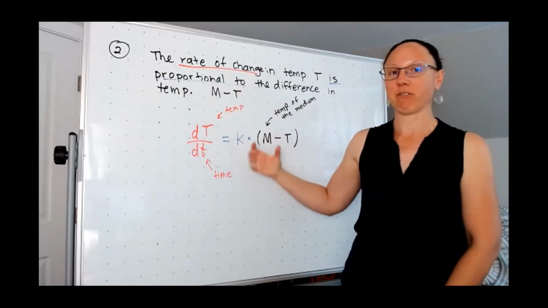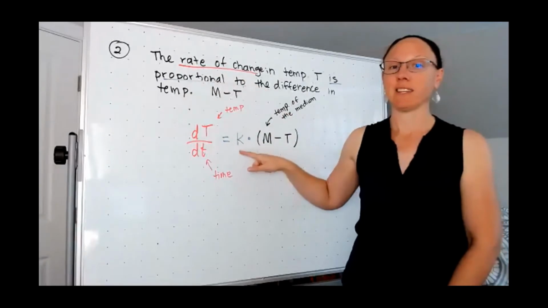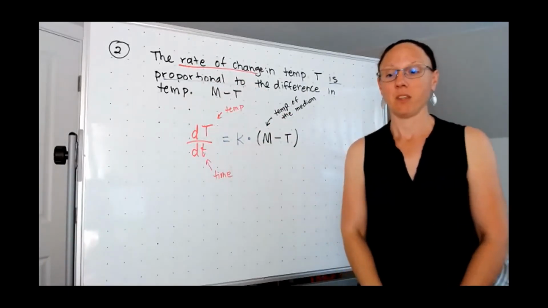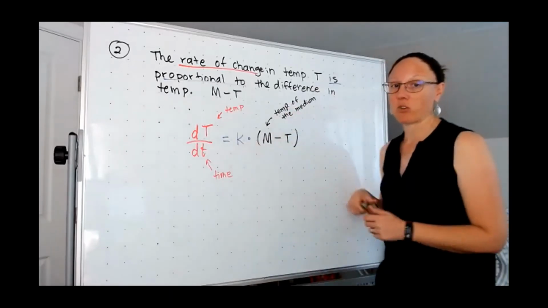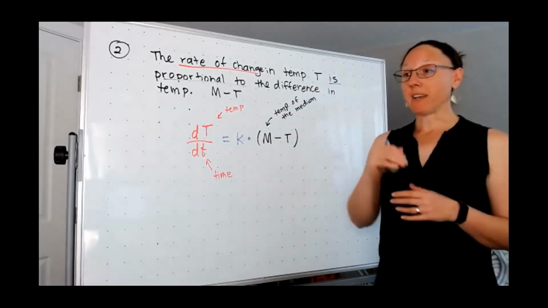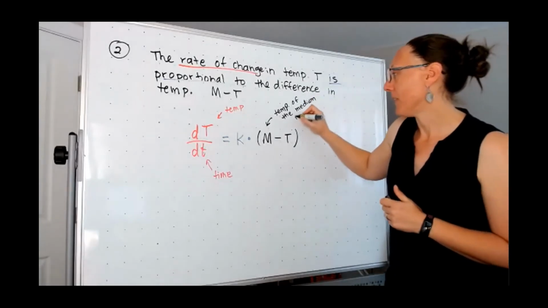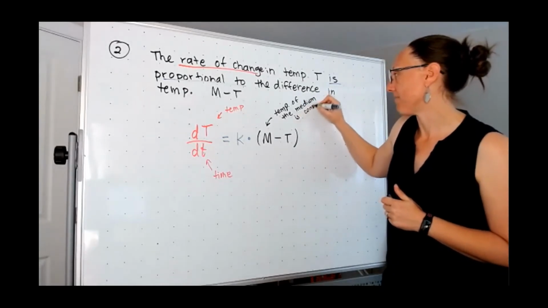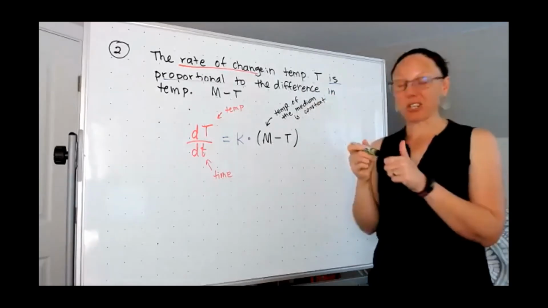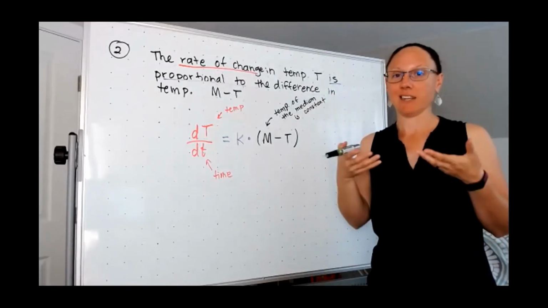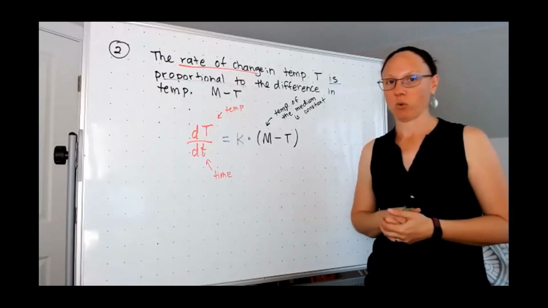It's specifically the phrase proportional to that tells us we need to include an additional constant in here. In terms of this differential equation, we're making the assumption that the temperature of the medium is constant. That's really important for Newton's law of cooling, and it's one of the underlying assumptions in Newton's law of cooling.